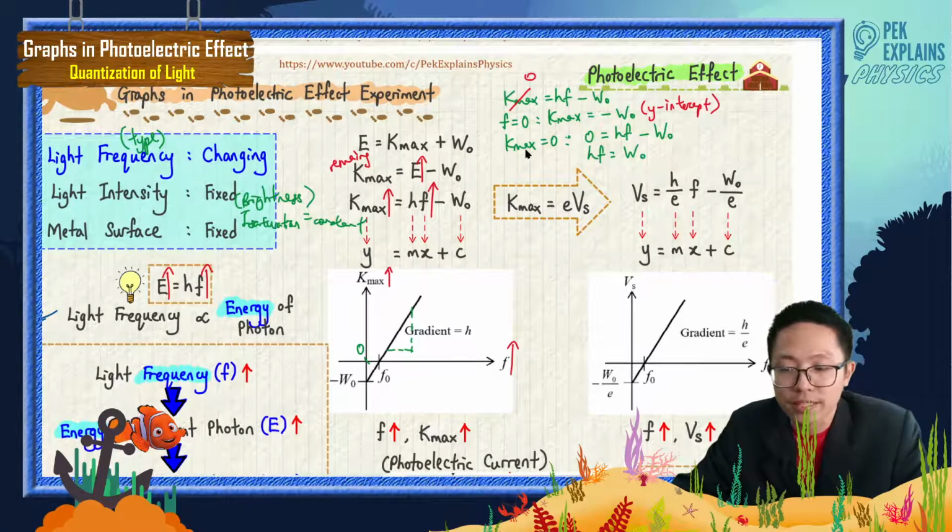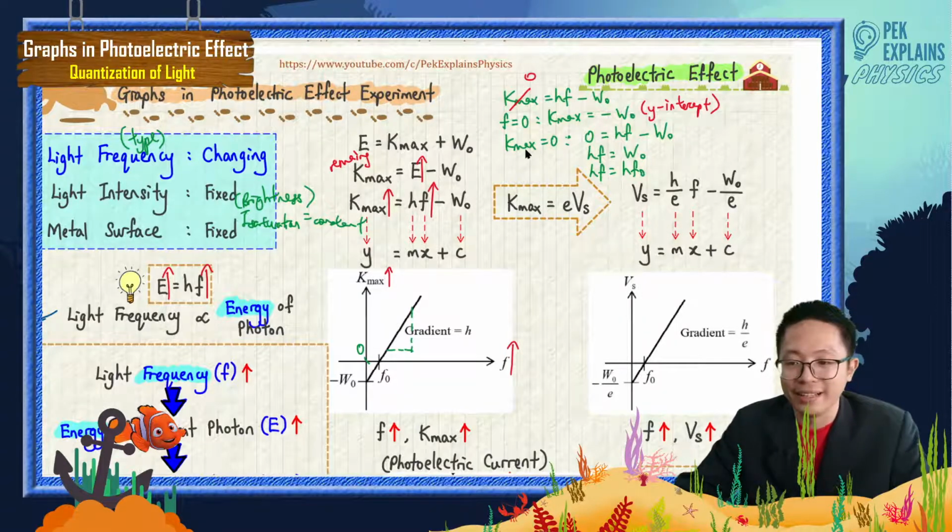Now the work function, W naught, I substitute with hf naught. So I cancel the h. Now I got f equal to f naught.